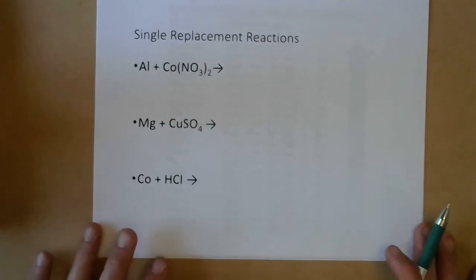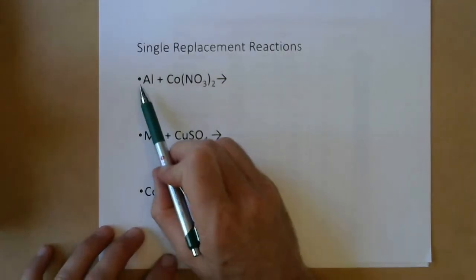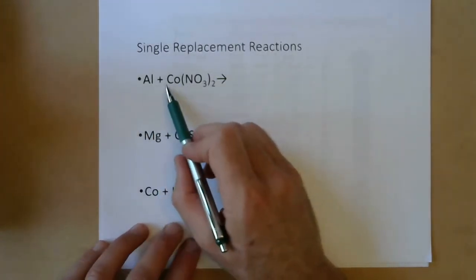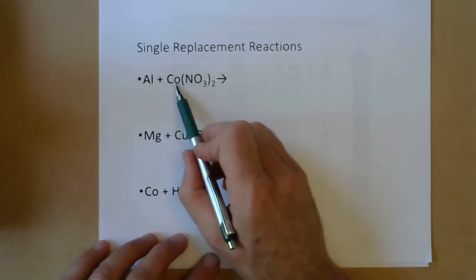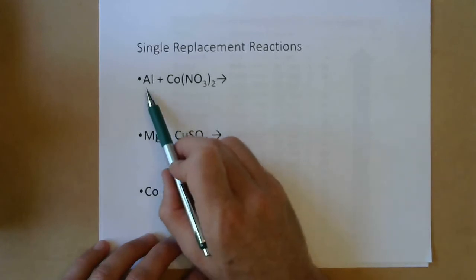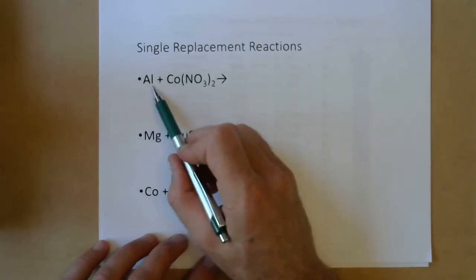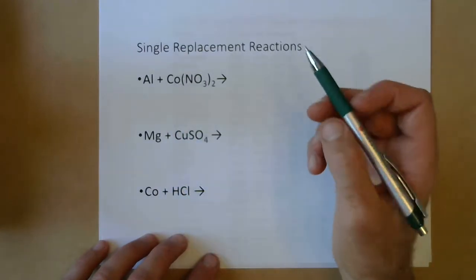One really common type of redox reaction is a single replacement reaction. In single replacement reactions, you're going to have one metal that's by itself, like a solid piece of metal, and then it's going to be put into an aqueous solution of some other type of metal ions. So in this case, we have aluminum and cobalt-2 nitrate. So we have aluminum, which is a solid, and then cobalt, which is actually present as ions.